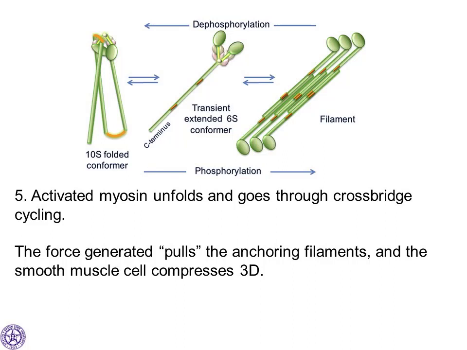And the cross-bridge cycle in smooth muscle is identical to the cross-bridge cycle in skeletal and cardiac. Right? So you unfold myosin, what do you get? What is that called? Cross-bridge. Make the sound. Phosphate. What's this? Power stroke. Make the sound.